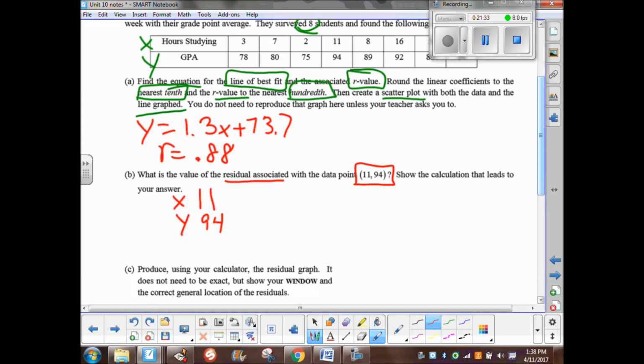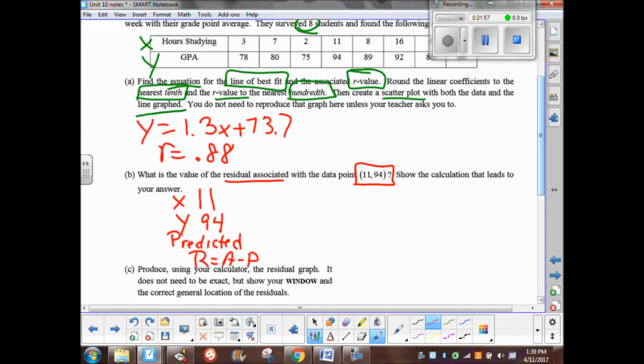These are our actual. Then we had the predicted Y value. We had to do some calculations there. And then we had the residual, which was the actual minus the predicted. So they want, what is the value of the residual associated with that data point?